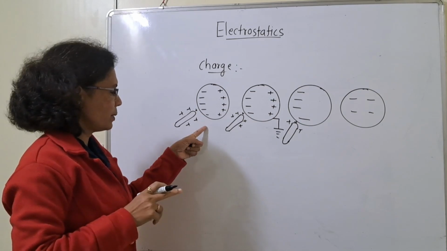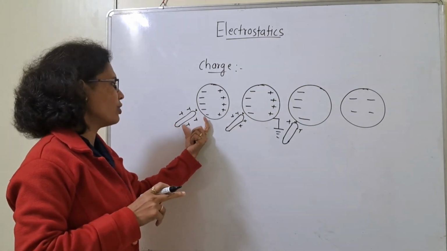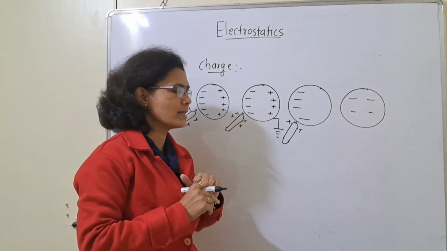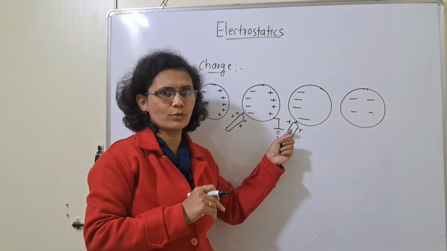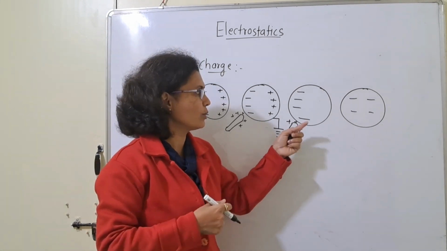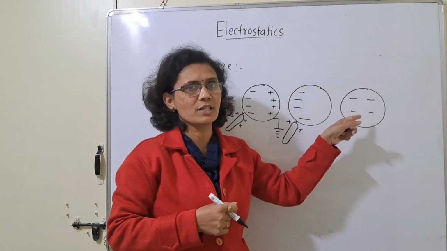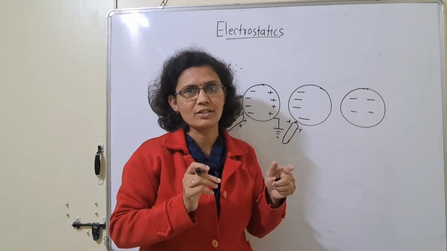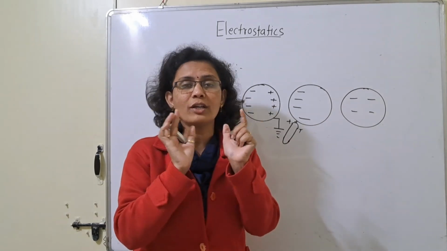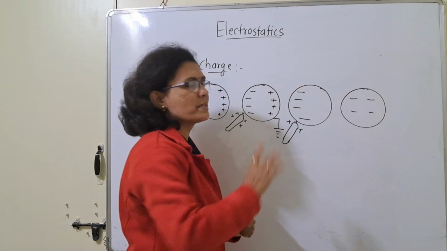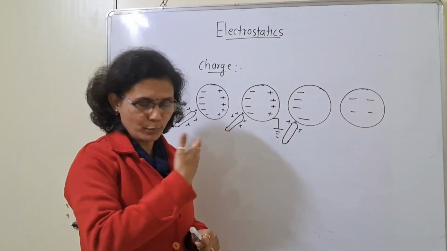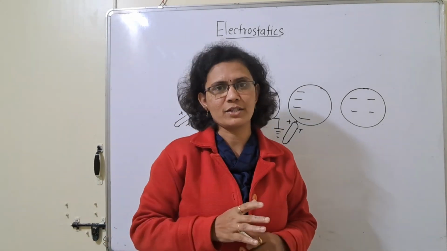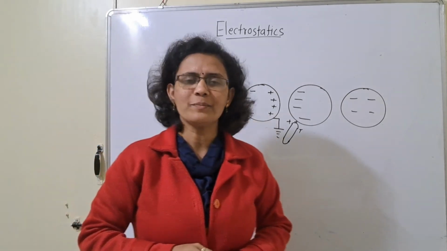Initially it was neutral, but when I brought the positively charged rod near it, the charge got separated. When I gave earthing, the positive charge got neutralized. Then I removed the rod, and the negative charge remains on this body, so the neutral body becomes negatively charged without any touch or contact. This process is called induction, charging of a body by the process of induction. So we can make an uncharged body charged.